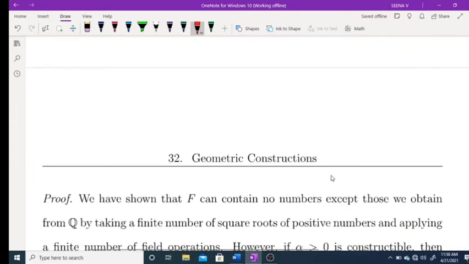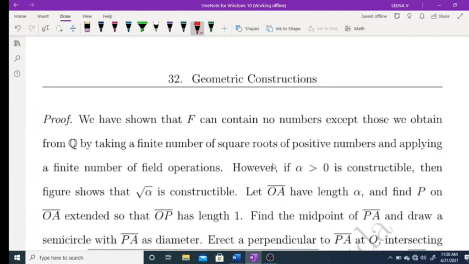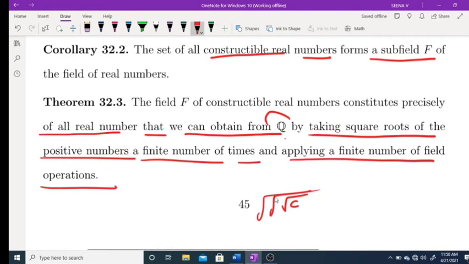Okay, so we have shown that F can contain no number except those that we obtain from Q by taking a finite number of square roots of a positive number and applying a finite number of field operations.